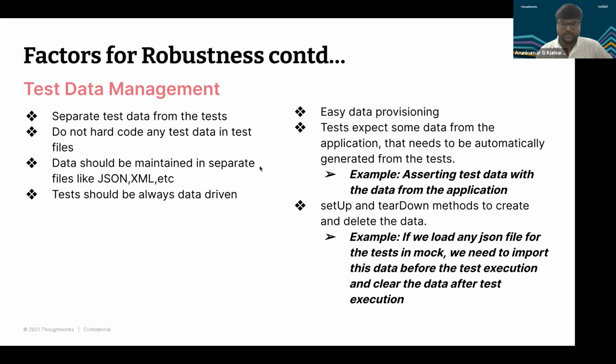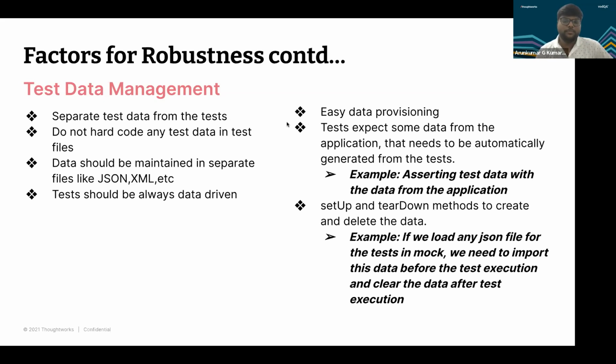Madan has asked, among the different types like BDD and TDD, which is the perfect example for a robust framework. I would suggest that the testing approach, TDD, test-driven approach, we will mostly do with unit tests.